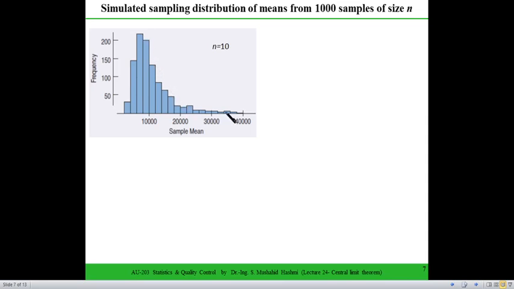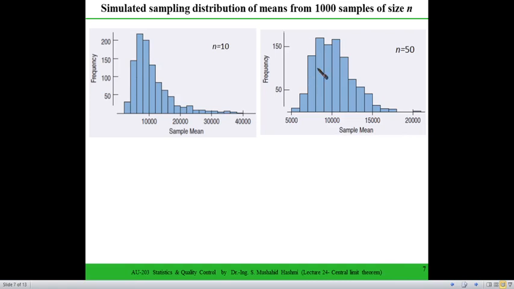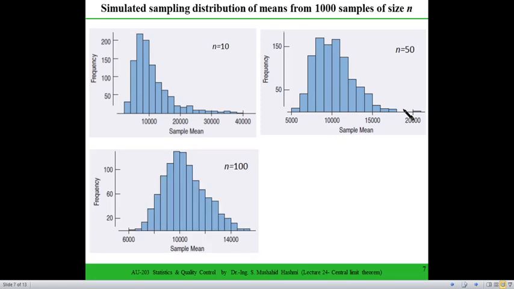If you increase the sample size from 10 to 50, then from that same population your sample mean distribution looks like this. So it is going towards a normal distribution. If your sample size is increased to 100, then whatever the population distribution is, the sample means would look like a normal distribution.